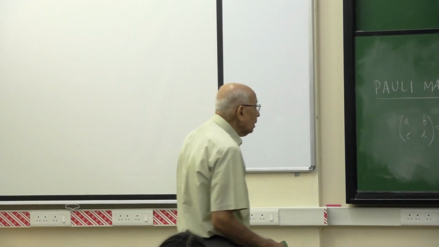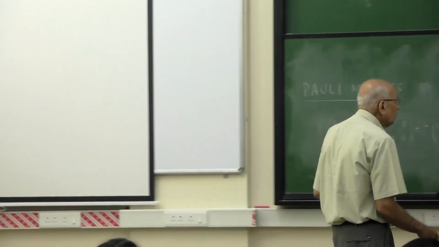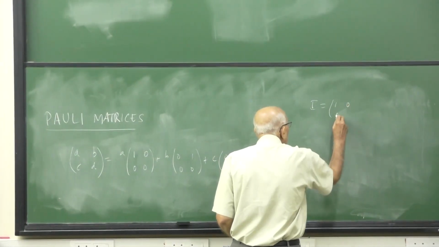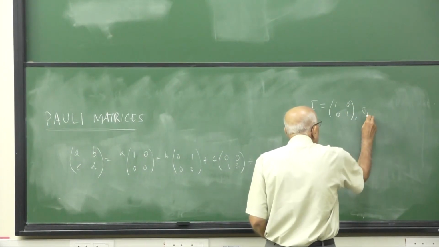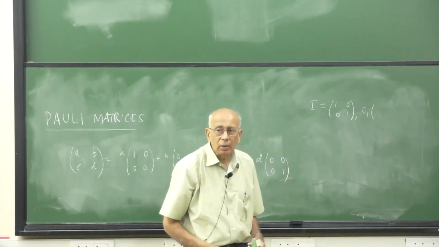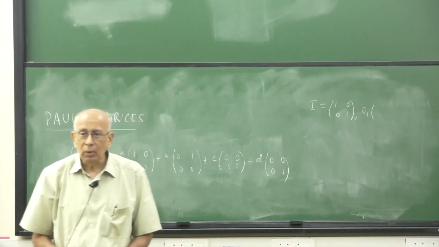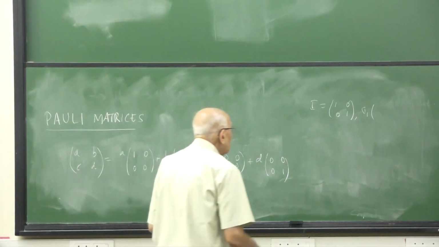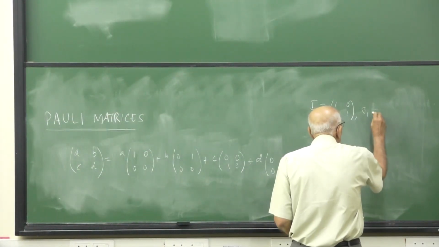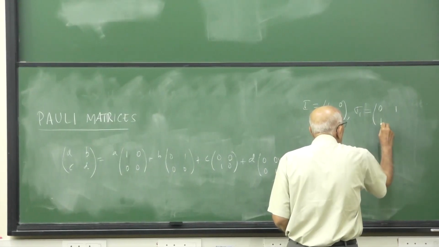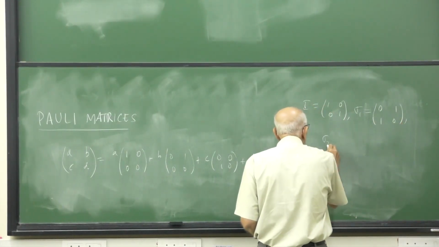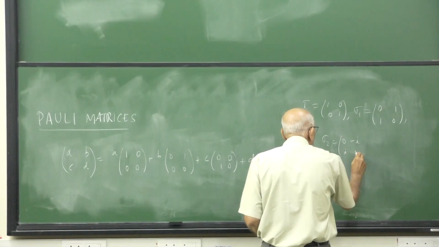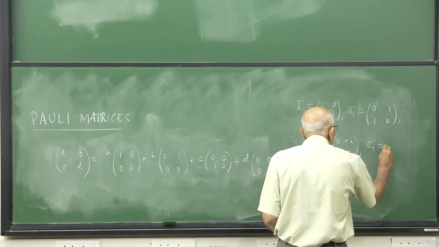Okay? But there is another basis that is used, and that involves the Pauli matrices. It involves a unit matrix I, and sigma 1, which I'll call what Lakshmibala called sigma x. I'll call it sigma 1 because I want to introduce this as a more general concept than the spin half operator. So sigma 1 is [0 1; 1 0], sigma 2 is [0 -i; i 0], and sigma 3 is [1 0; 0 -1].